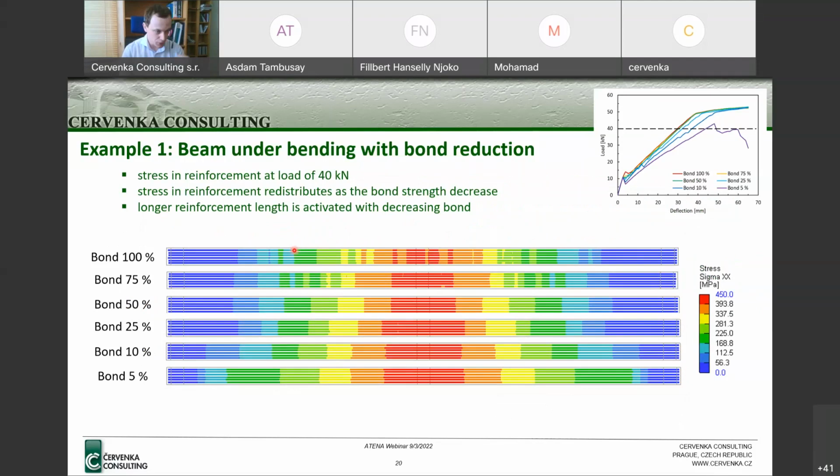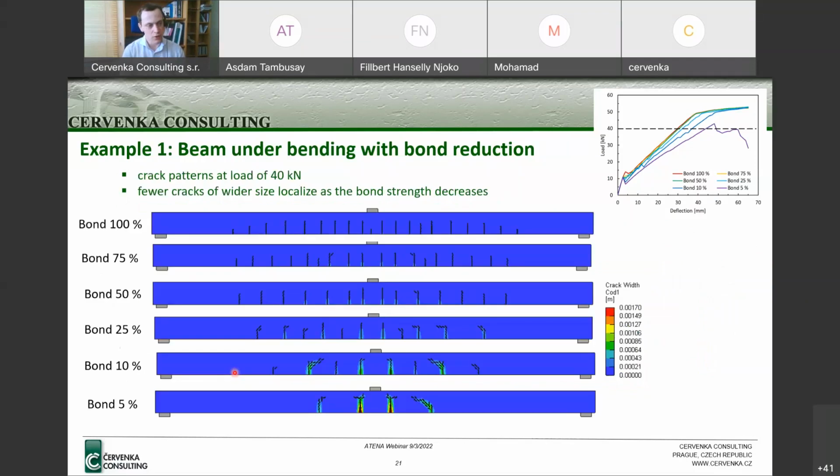We can see how the distance of higher stresses gradually increases with the decreasing bond, and this will also somehow affect the cracks in the beam.